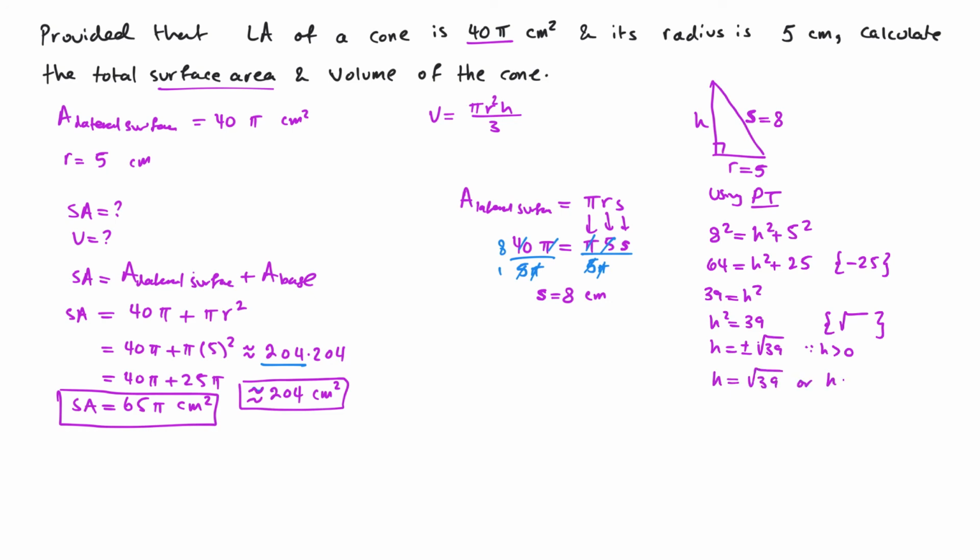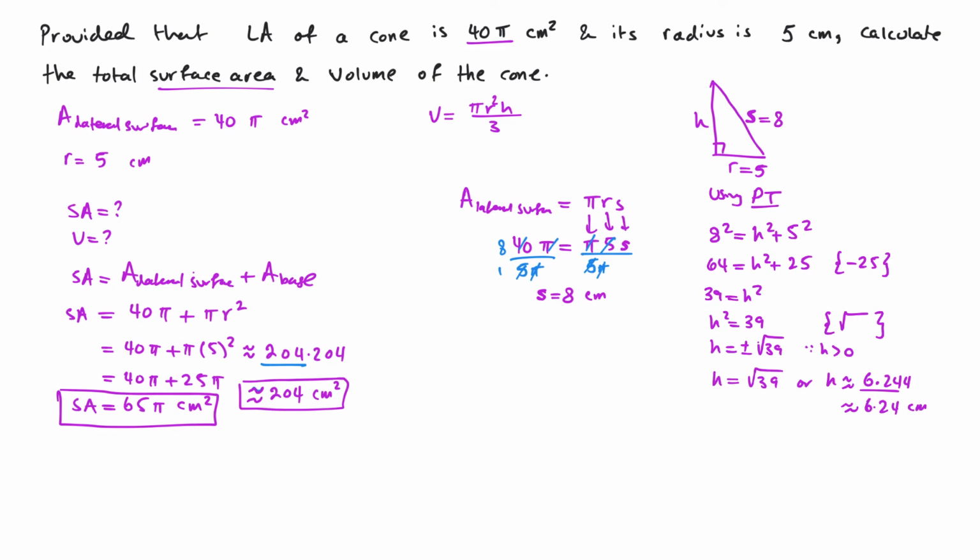If I plug it into my calculator, I get h is approximately 6.244, to 3 significant figures, since the 4 after my 4 is smaller than 5, so 6.24 centimeters is an approximate value.